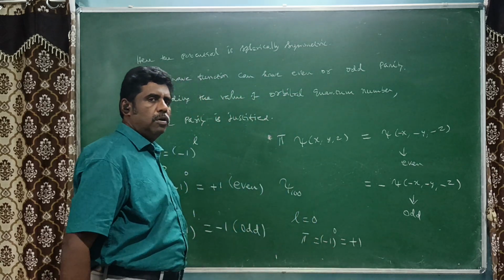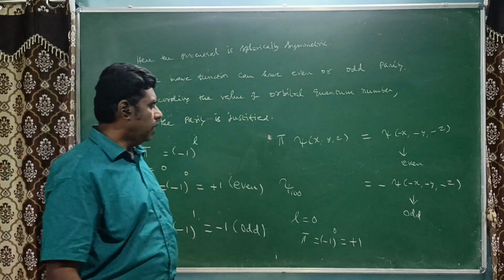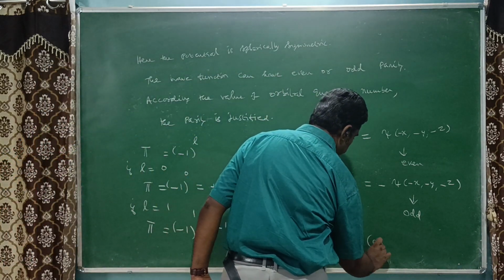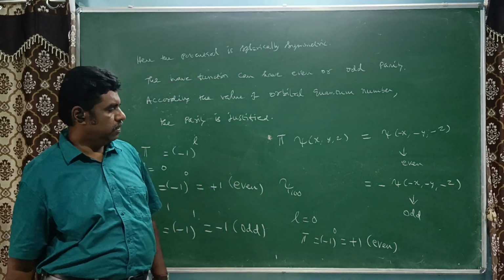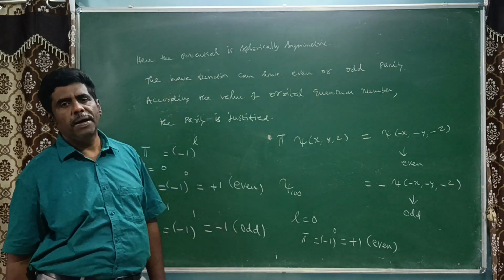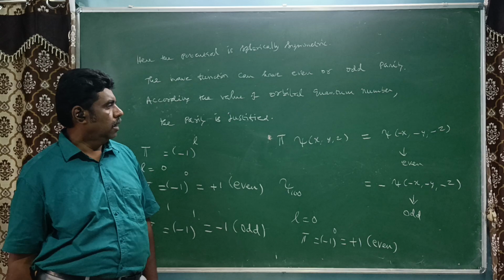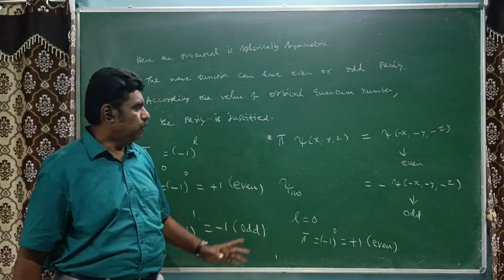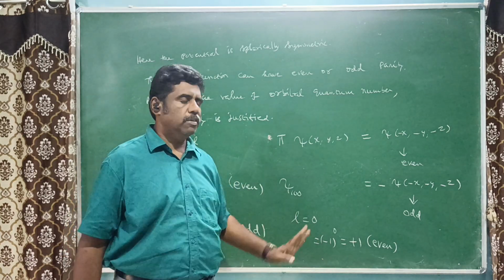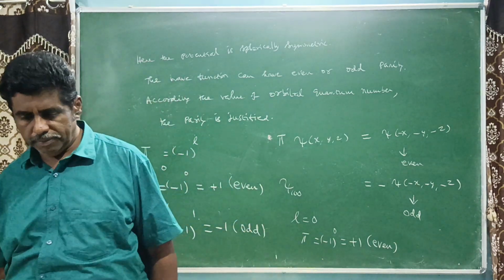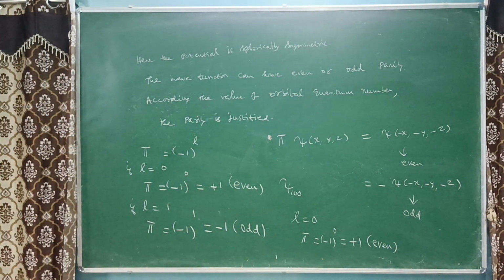Anything power 0 is 1. Here the parity is even. The ground state wave function is described by even parity. Now we have to prove that the first order energy correction is 0 because of even parity. Let us proceed.